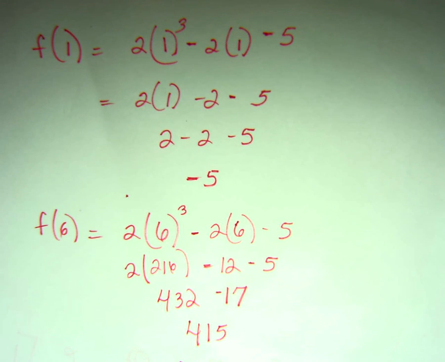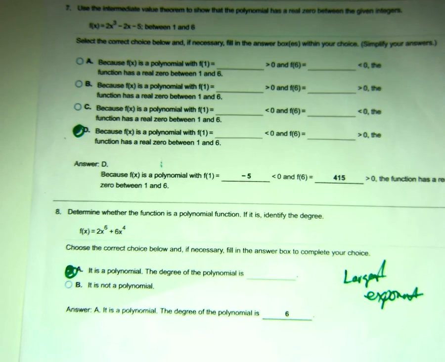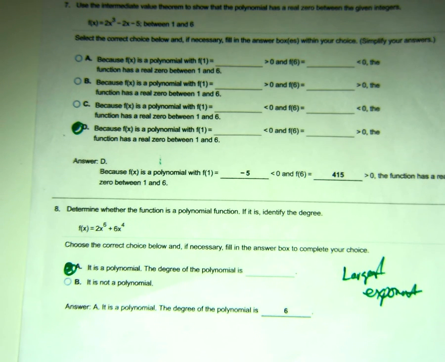In our last example for self-check 2.1, it wants to determine whether the function is a polynomial function. Well, here goes your function right here. Notice how your exponents are in descending order. So you got your largest and then your smallest.